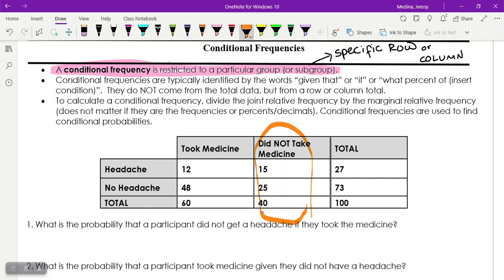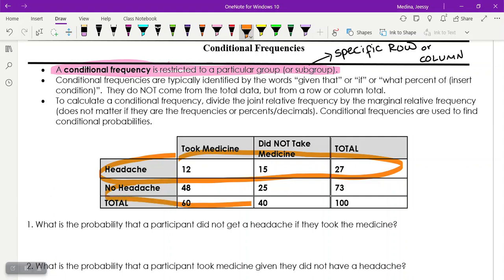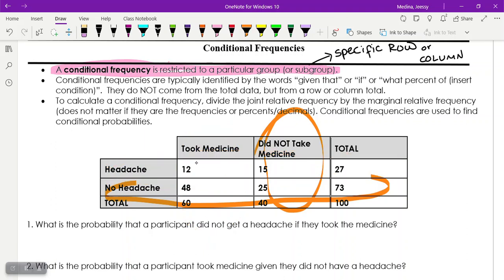And how many of these people are there? 40. 15 of them had a headache and 25 of them did not. So learning how to read, and the only ones we read are these rows, the two rows, and the columns. So where the information is, the other ones are just total columns, okay? So sometimes they give them to you, sometimes they don't. You can calculate those on your own.